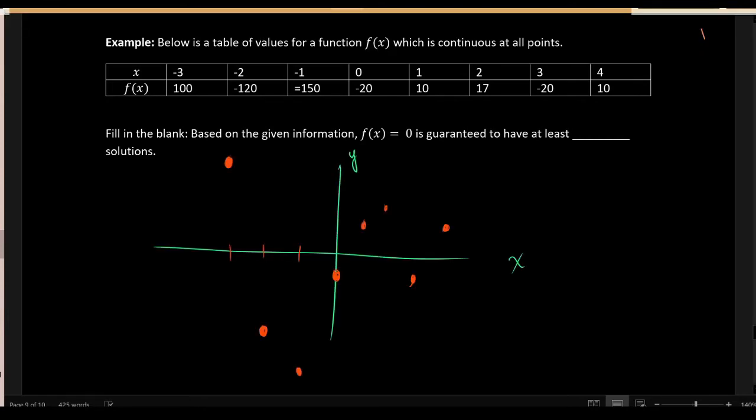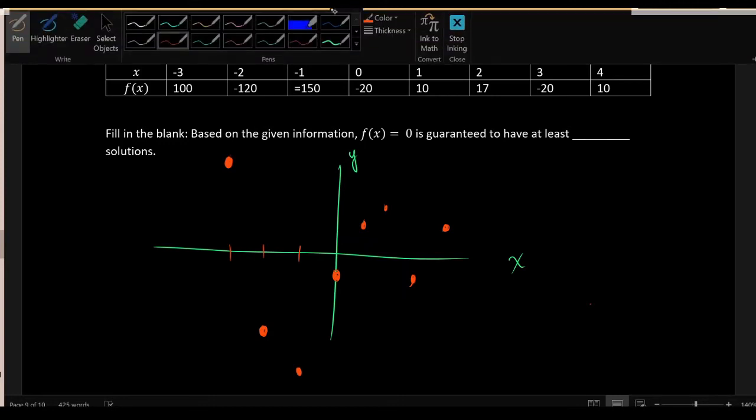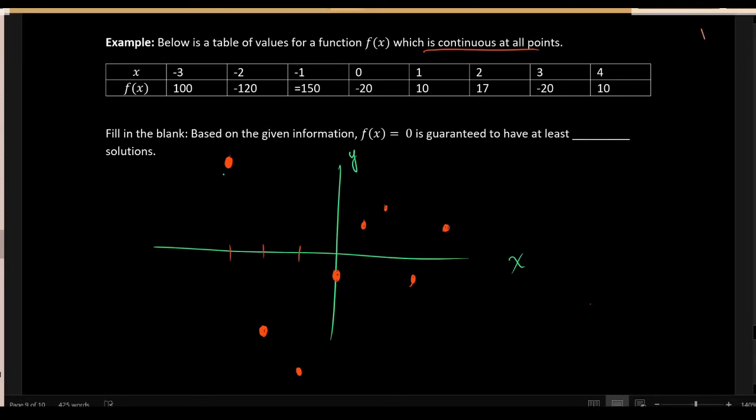Now I have drawn these data points from the table, but the function in this problem is continuous, which means that the graph of the function can't have any breaks or gaps or holes. The actual graph of f of x would have to connect the dots smoothly without ever lifting the pen.